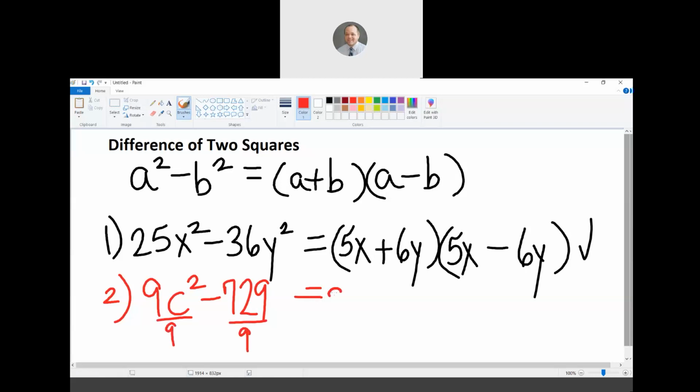So when we factor out a 9, we're left with c squared minus 81. That too is a difference of two squares. So we can draw our parentheses and factor.